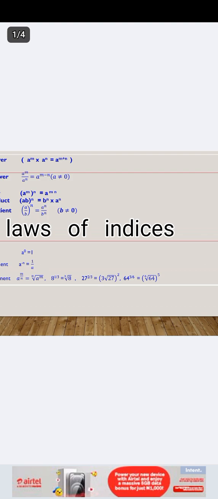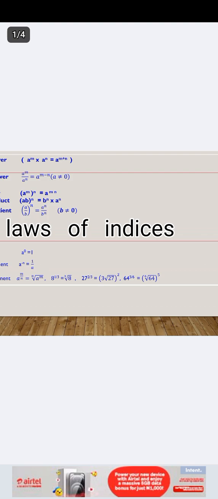Now, to simplify expressions involving powers, we first of all identify whether the terms are in the same base. We cannot use the laws of indices to simplify or evaluate questions in which the bases are not the same. So the first thing to do is to find out whether the bases are the same.